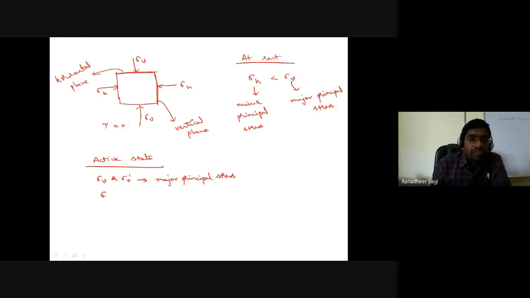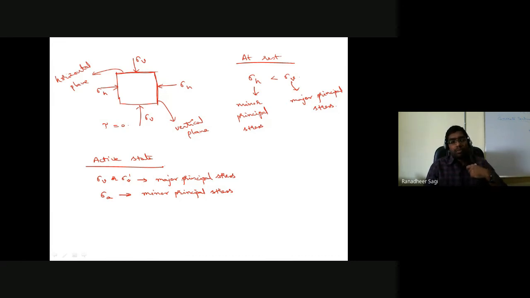And your active earth pressure, or your horizontal stress existing on the soil just at the verge of failure, is what is called your minor principal stress, because sigma A is always less than your vertical stress which is getting developed on your soil element in the case of your active state.